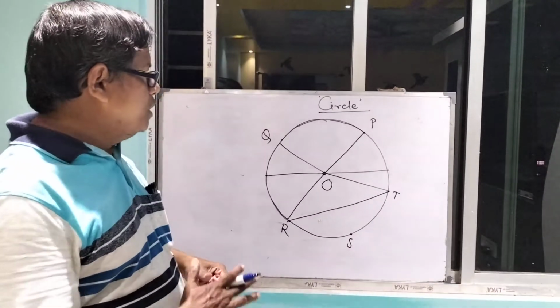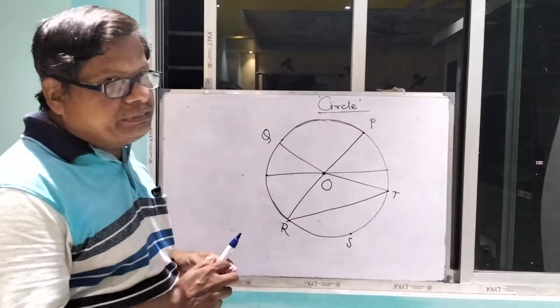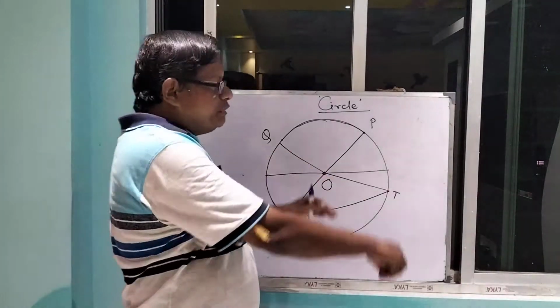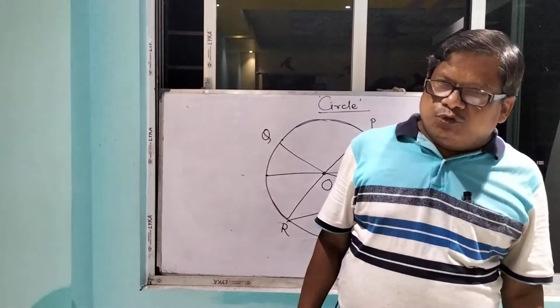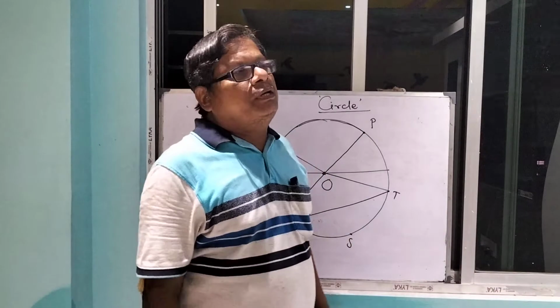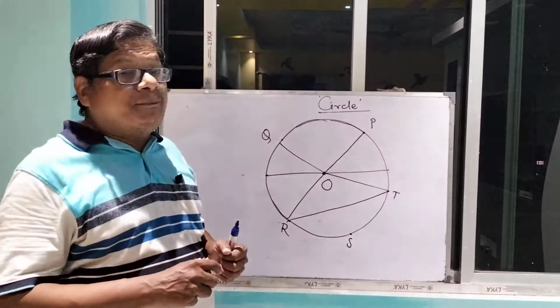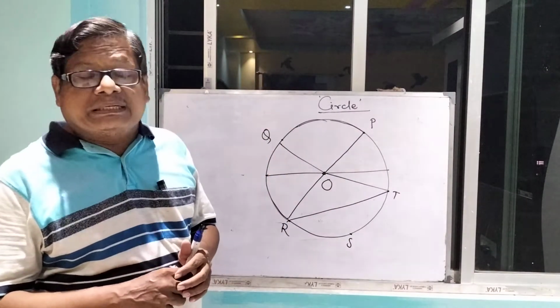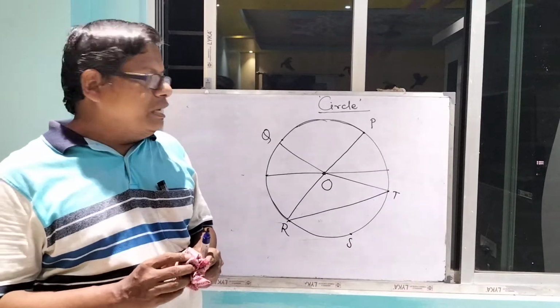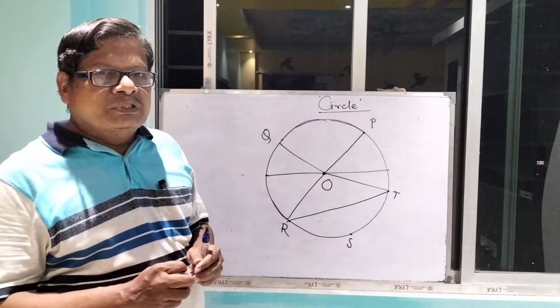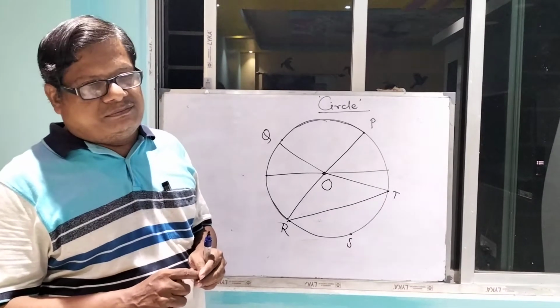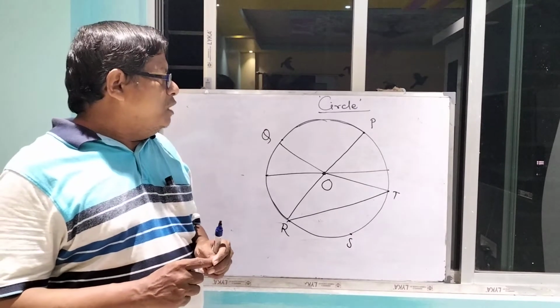Now, one important theory is there. With the help of the theory you have to do many applications of the circle chapter, so you shouldn't say that this is not in your syllabus. Understood?